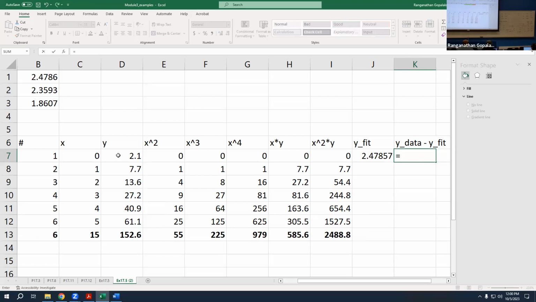Which columns should I subtract? Which is Y data here? That is D7 minus J7, right? That is the difference between my fit and the original data for the first entry, and drag it down to get the remaining entries.